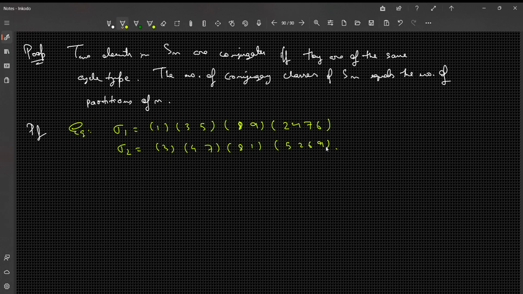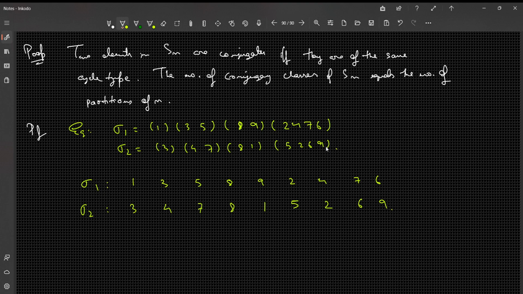Now, if I list these elements like this, sigma 1 has the elements listed as 1, 3, 5, 8, 9, 2, 4, 7 and 6. And for sigma 2, we have the corresponding elements as 3, 4, 7, 8, 1, 5, 2, 6, 9.